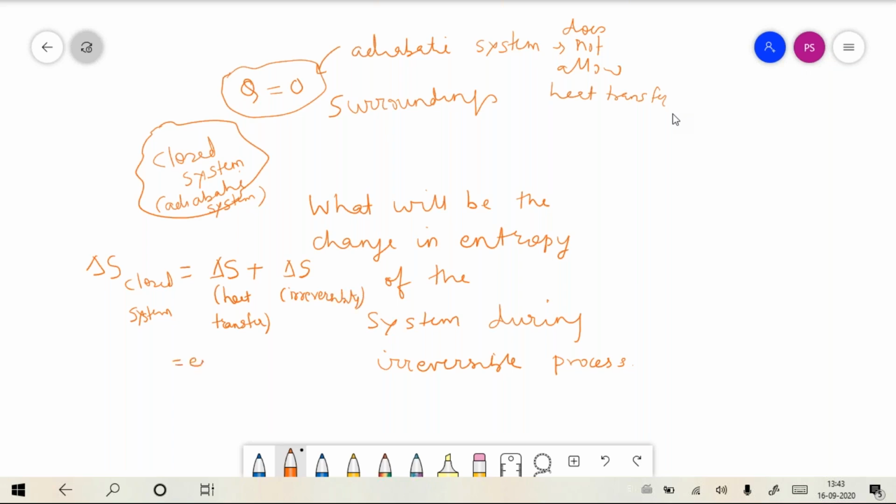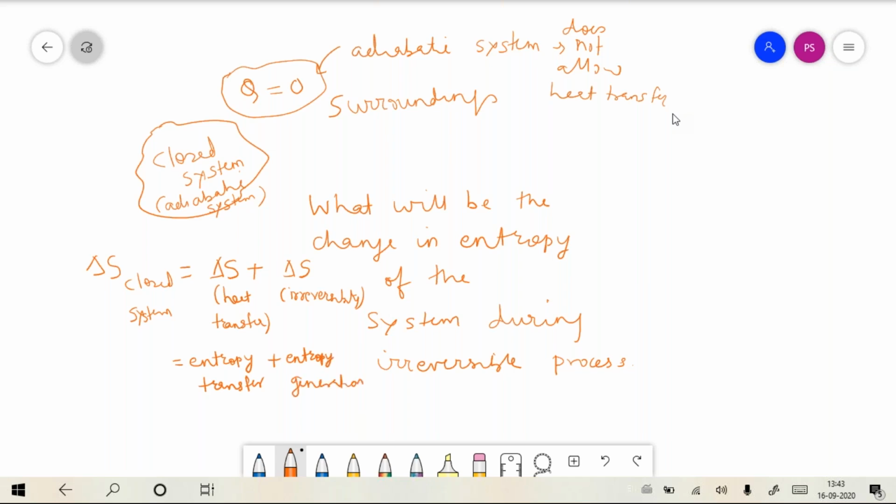So I had used two terms: one is the entropy transfer because of heat transfer, and other is entropy generation because of irreversibility.